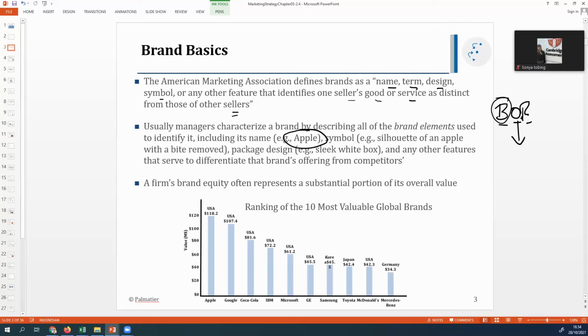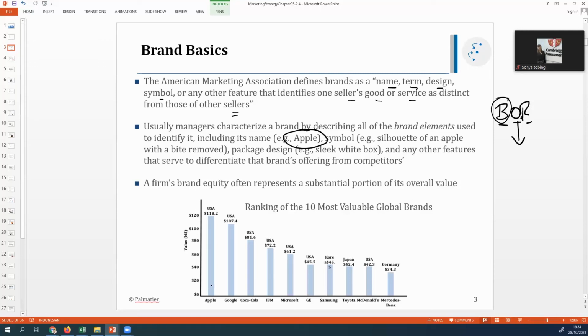So when the offering product is the same, Apple and Samsung, but when the product is labeled with the Apple brand, people purchase the product at a more expensive price due to the brand equity. So brand equity often represents a substantial portion of its overall value.